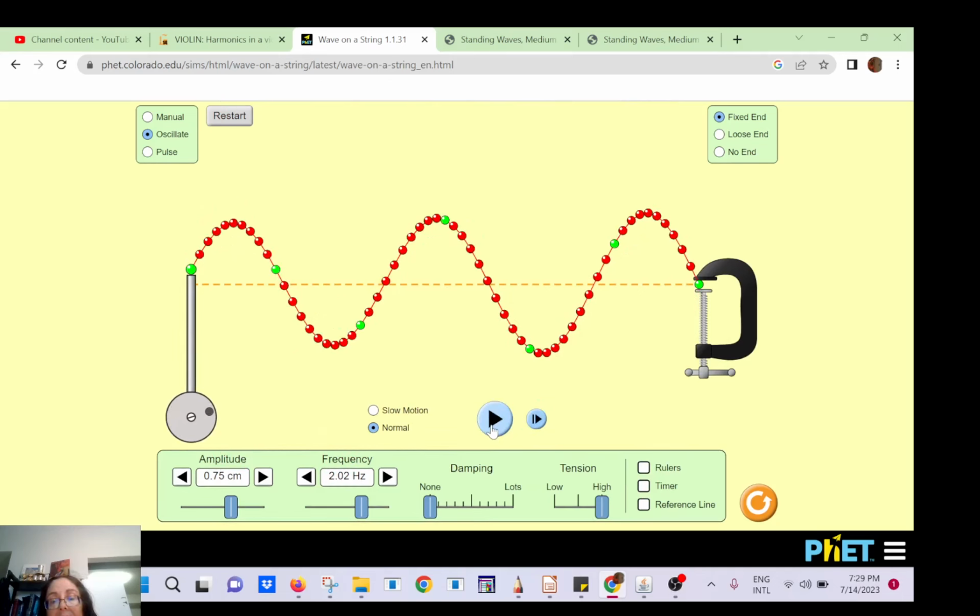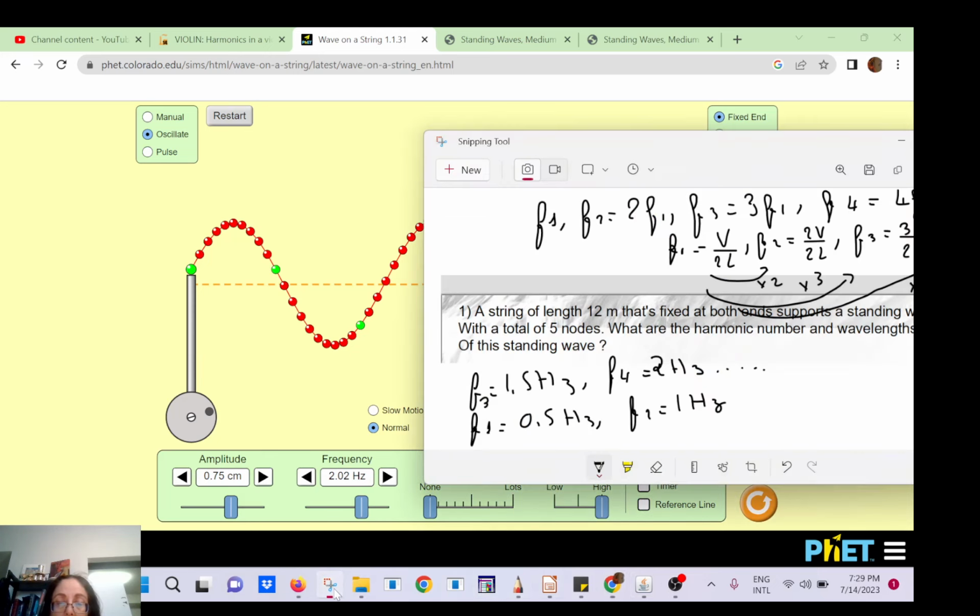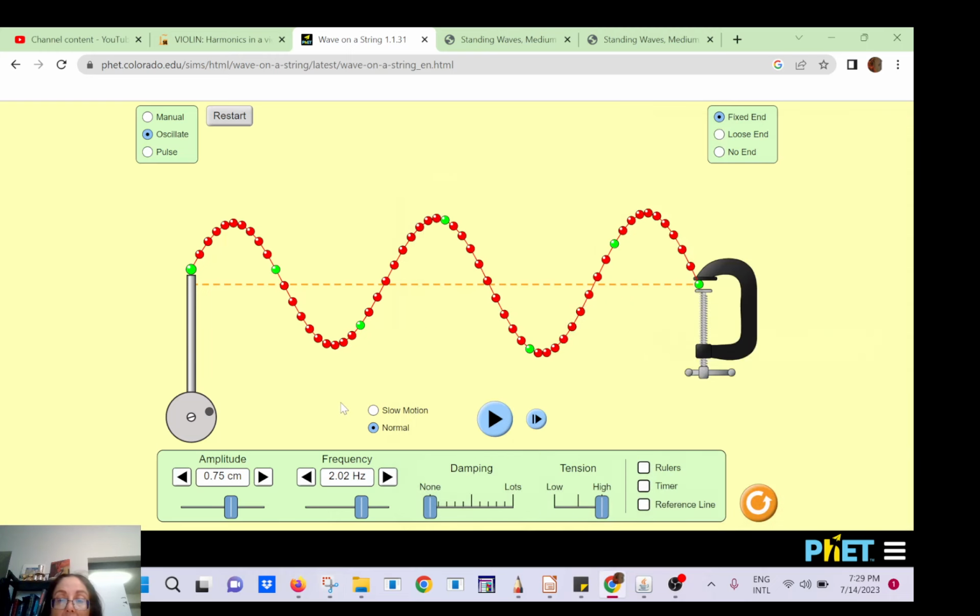Oh, that becomes crazy, right? So 2, what did we say? It's the 2 hertz, the 4. So 2 hertz will be the fourth, right? So it's going to be 1, 2, 3, 4. And you don't count that part here. So with this simulation, you have to be careful. You do not count this part here. It starts from here where the bead is not moving, because this is part of the driver.